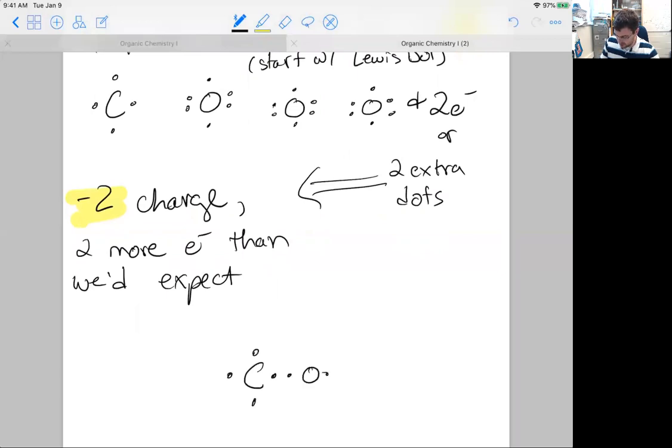Now I'm going to attach the oxygen atoms around the outside. I really don't like to let oxygen bond to itself. That makes something called a peroxide, which is unstable.